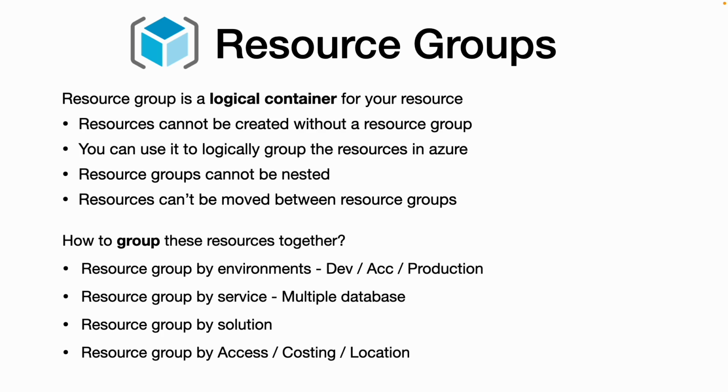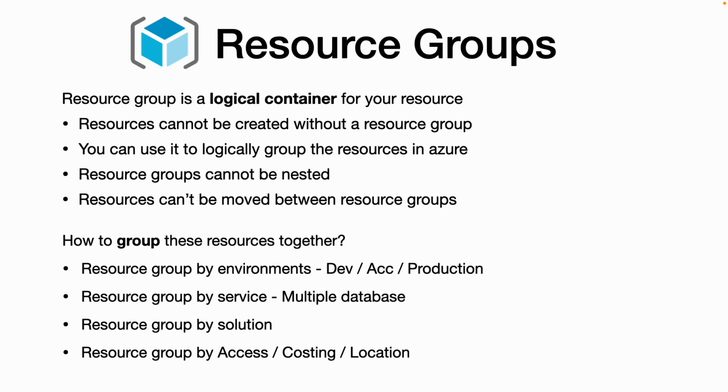The bigger question that people really have is how to group these Azure resources together. It completely depends. In some cases, the resources are grouped by environment or the development life cycle. So you might have one resource group for development, another for acceptance, and finally one for production. Similarly, you can also group them by services. Let's say if you have multiple databases or multiple storage accounts, you might logically group the databases into one resource group and the storage into another resource group.